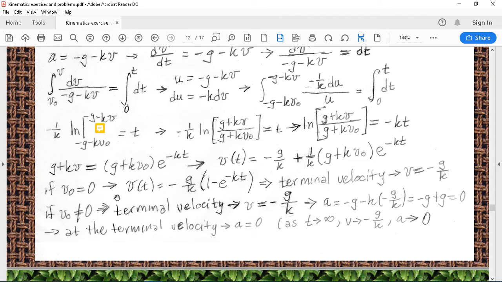Now we can check things out by putting t equal to 0 here, and we obtain, for t equals 0, minus g over k plus 1 over k times g plus kv0.